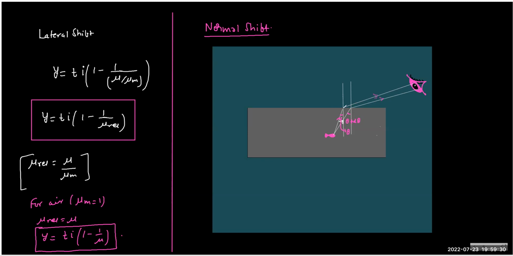So if I extend this light ray backward, it's a very bad diagram, I could have done a better one, it looks like these two light rays are coming from this location, a location where nothing is there.